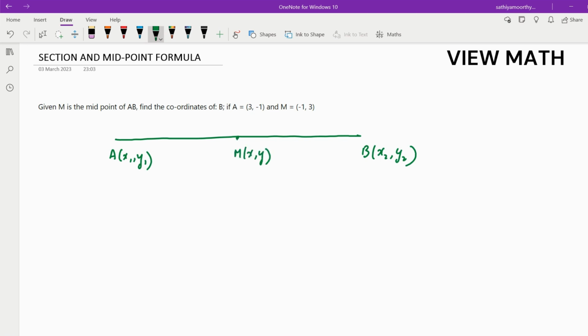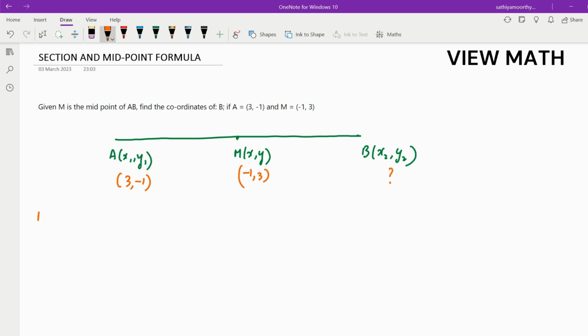Let me substitute the coordinates they have given. A is (3, -1), the midpoint M is (-1, 3), and the B coordinate they're asking us to find.